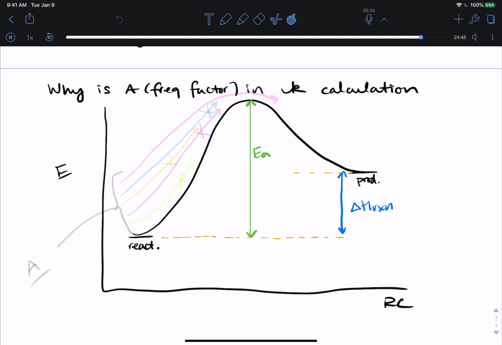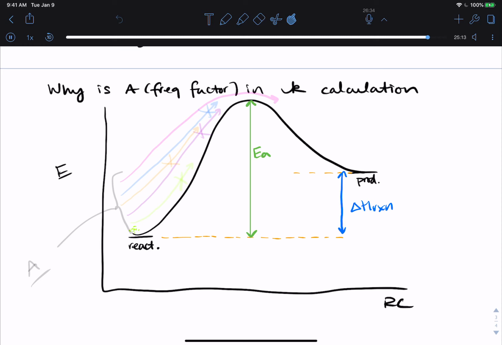So what the frequency factor is saying in our calculation of k: we just said that we have to have enough energy and the proper orientation. So we have all of our reactants down here, bouncing around in solution, bouncing around in the gas phase, whatever type of reaction it is.